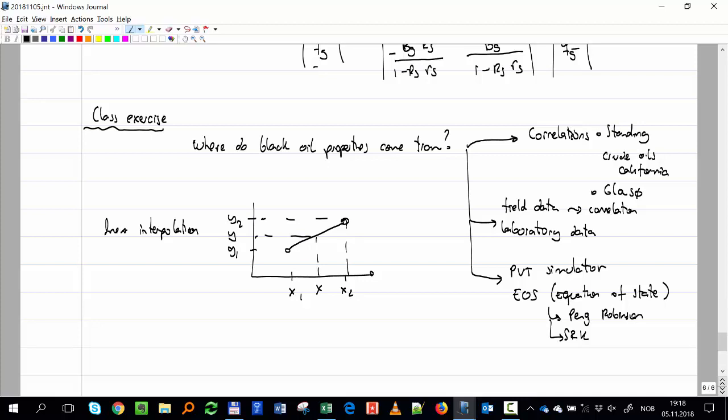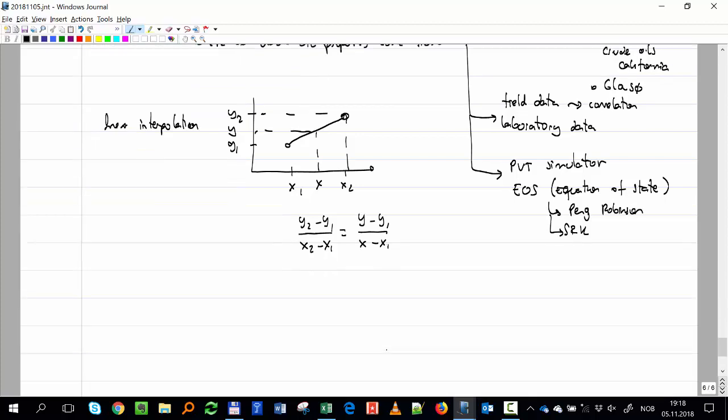We can use any point we want, but we say (y2 minus y1) over (x2 minus x1) should be equal to (y minus y1) over (x minus x1). We solve from there. So bilinear interpolation, that's what we have to do.